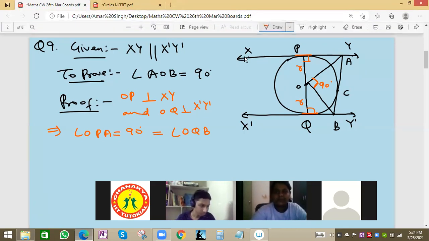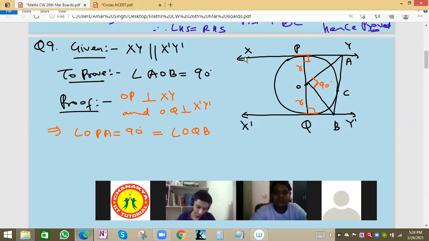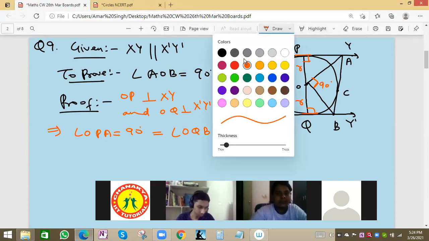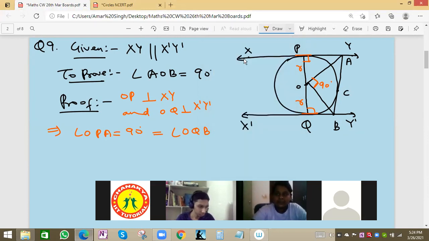This we can join, because angle COA plus angle COB will be 90 degree. Twice of COA plus twice of COB is equal to 180 degree. Many methods are there. Suppose we join OC, then this will also be 90 degree.